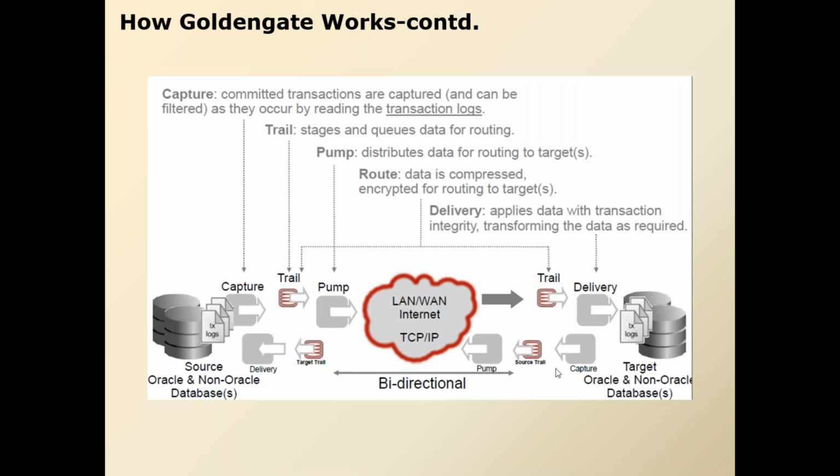So these flows are completely independent of each other. I always say one thing, bidirectional is nothing but two-way unidirectional with some consideration. So this is about GoldenGate architecture.